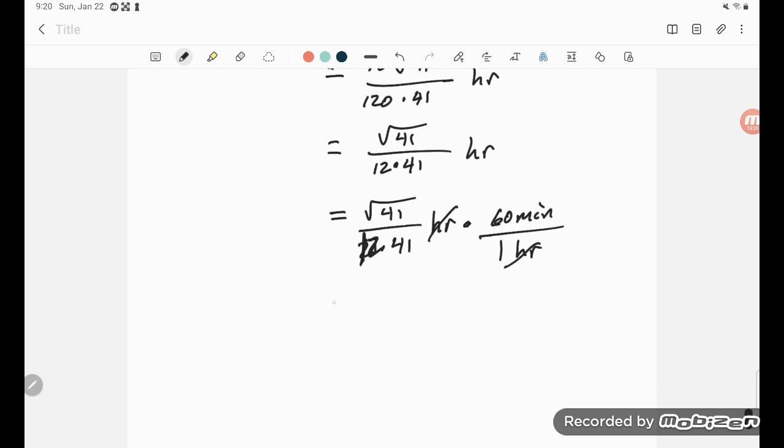But 60 over 12 is 5. And so I get 5 times the square root of 41 over 41 minutes. And again, square root of 41 over 41 is 1 over the square root of 41. Square root of 41, somewhere between 6 and 7. And so this is a little bit less than 1 minute.